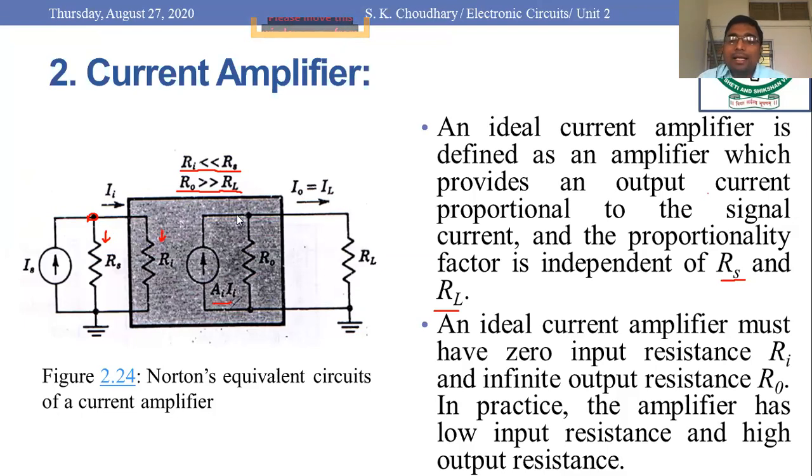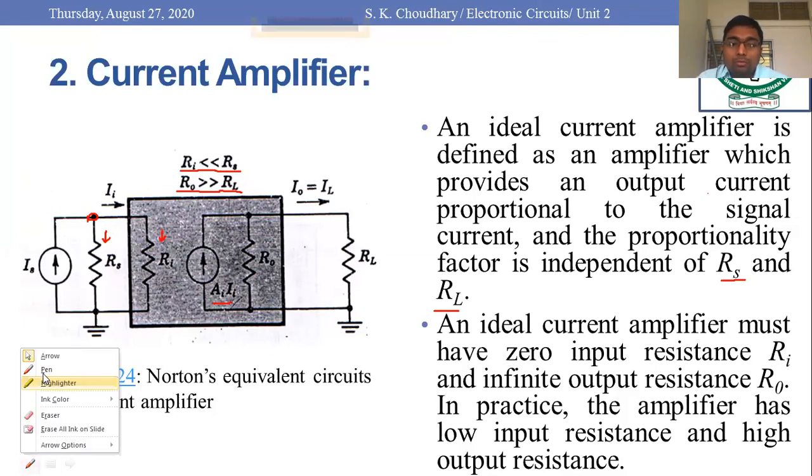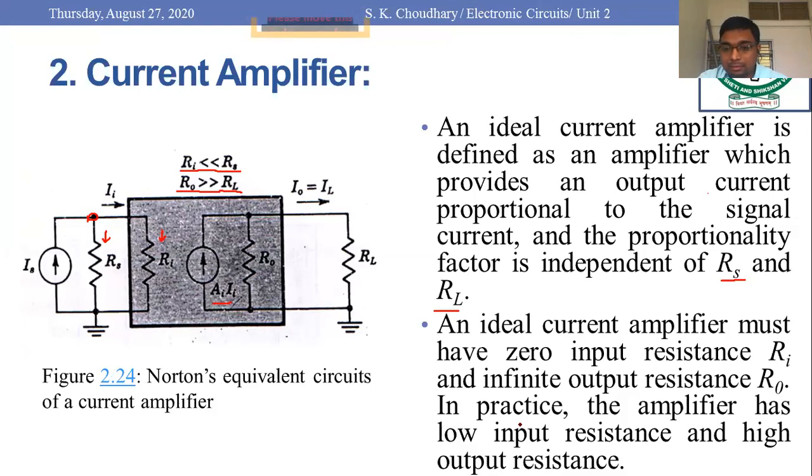So for an ideal current amplifier, it should be having zero input resistance. Again, opposite of the voltage amplifier. So Ri should be 0 and R0 should be infinite.